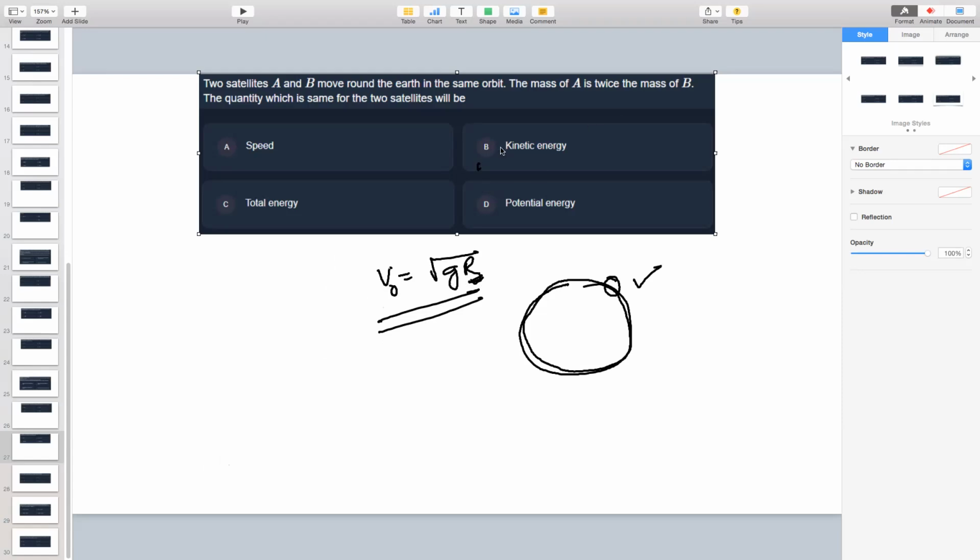While if you take kinetic energy, potential energy, or total energy, all these depend upon mass. So for these two satellites, A and B, what is same? The velocity or speed is same. Option A is the correct answer. We go for the next one.